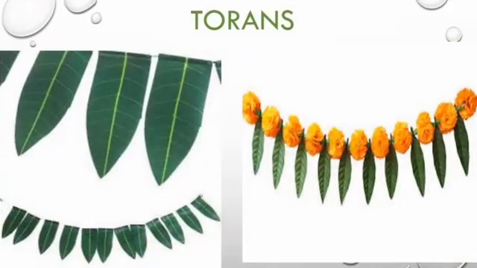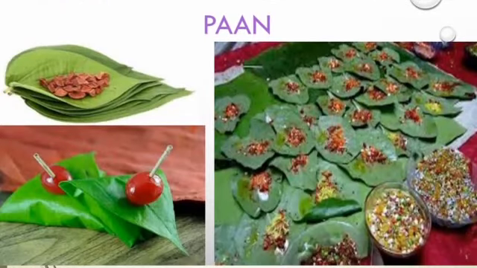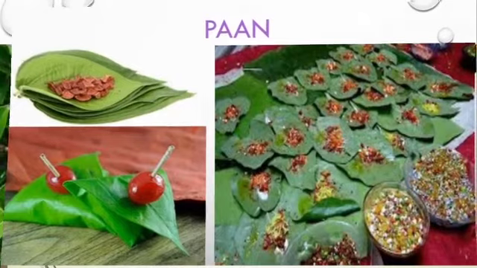We use the leaves of mango tree to make torans, which are used to decorate house on special occasions. This is betel leaves. It is used for some religious ceremonies, and some people eat these leaves as pan.